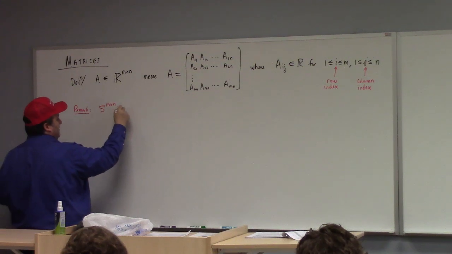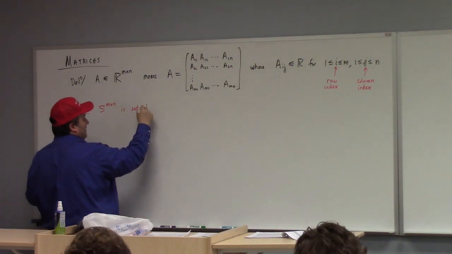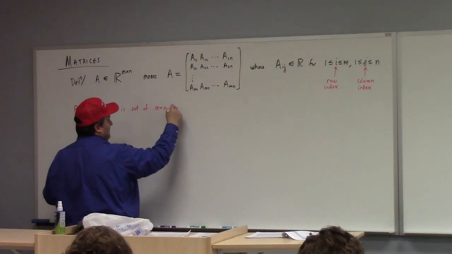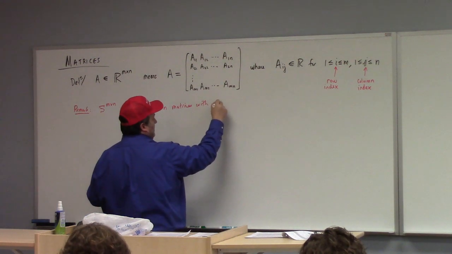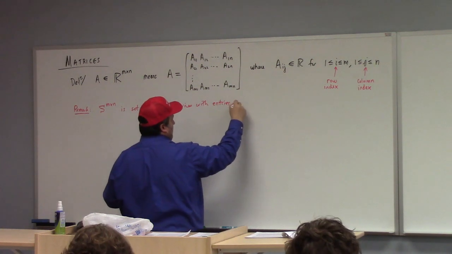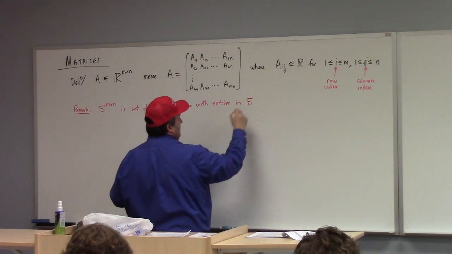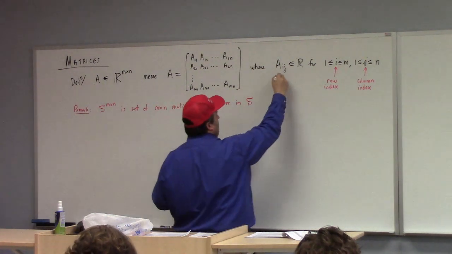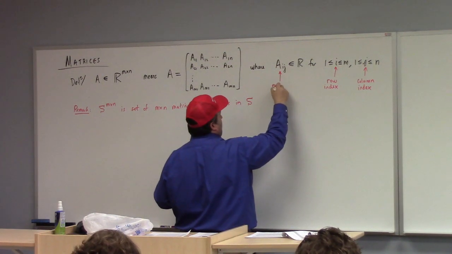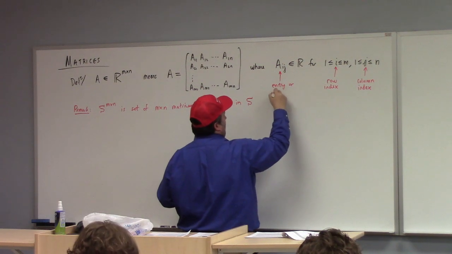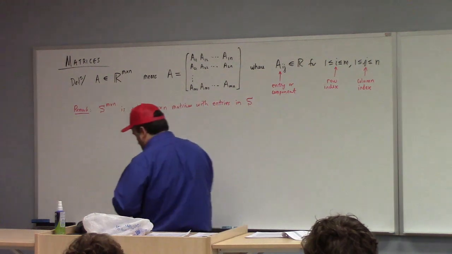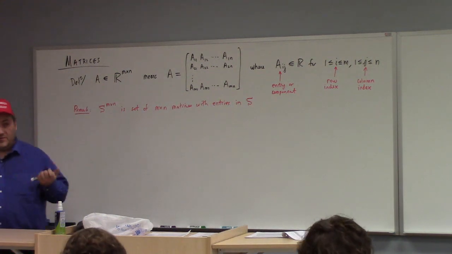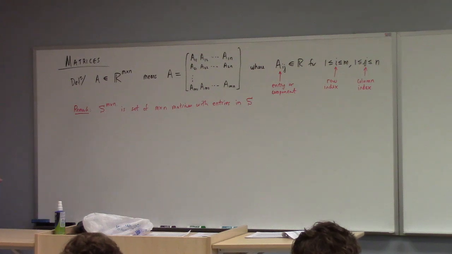S^(M×N) is the set of M by N matrices with entries in S. So this right here is an entry of the matrix, or more often we call it a component of the matrix. So the components or entries of the matrix are numbers, but the matrix is not a number. It's a box of numbers, all right?